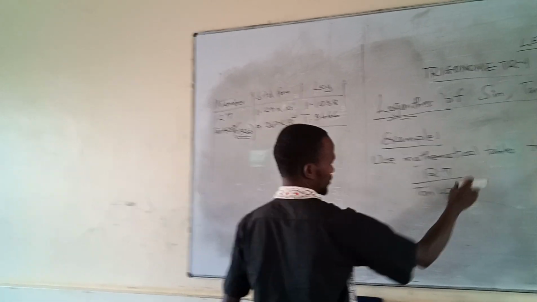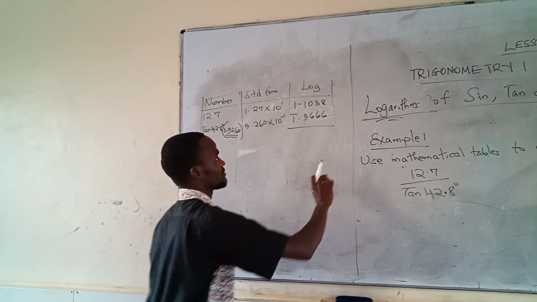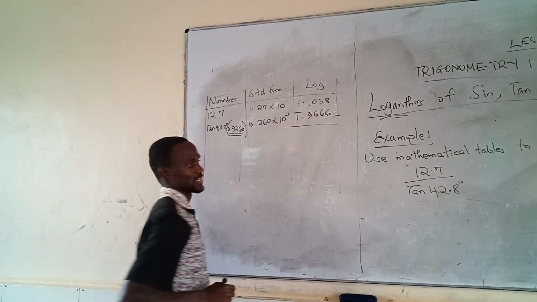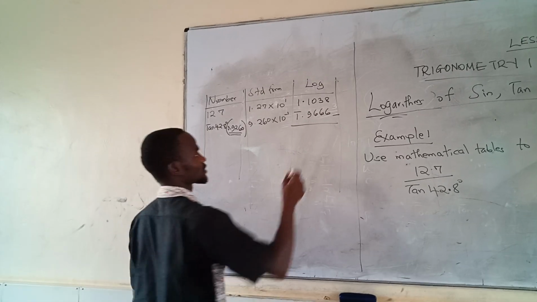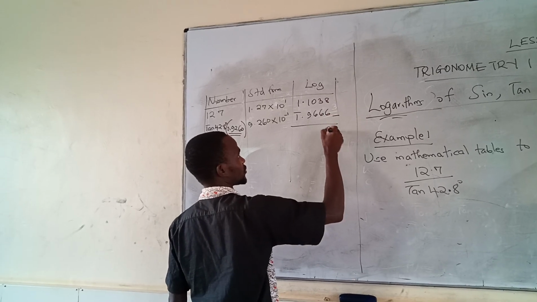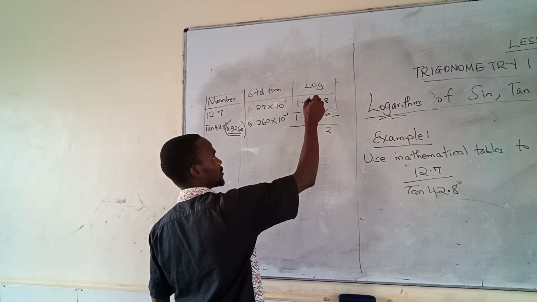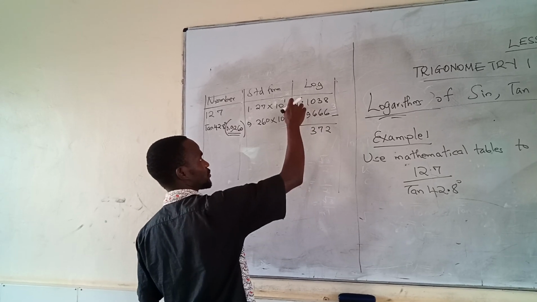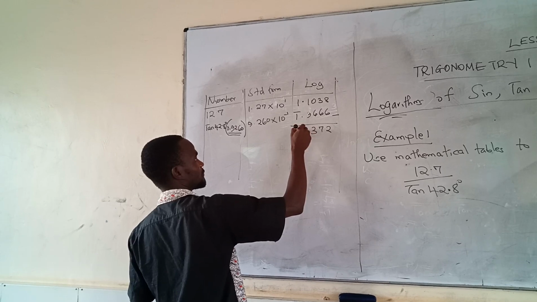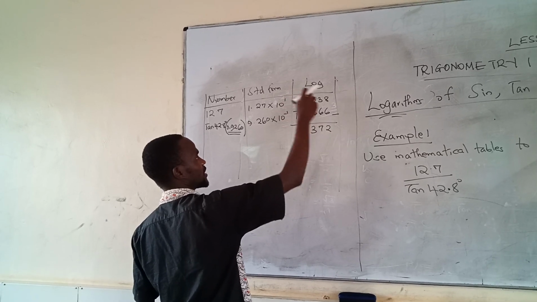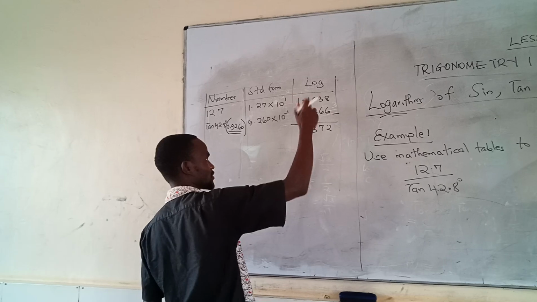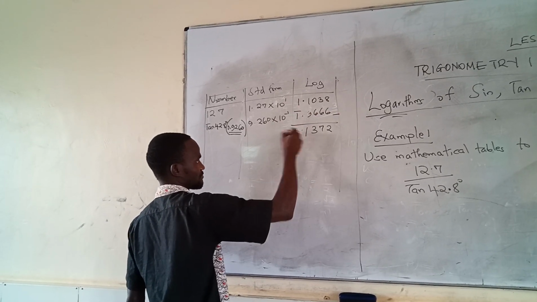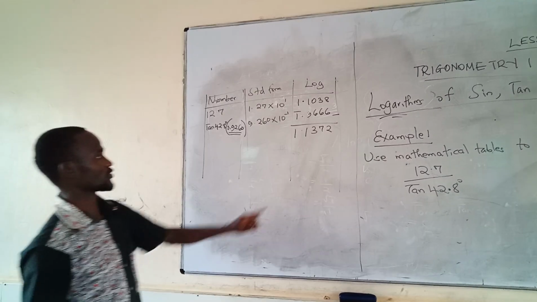Now remember, this was a division, and if you have division, you have already checked the logs of the given numbers. We will subtract. When you subtract, we borrow 1, and 0 minus negative 1 gives us 1. So this is what we have.